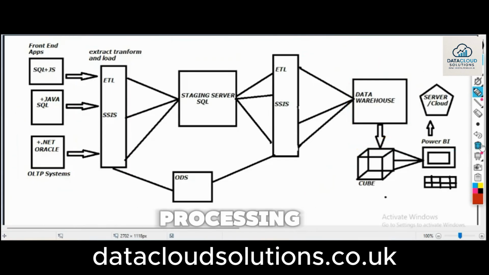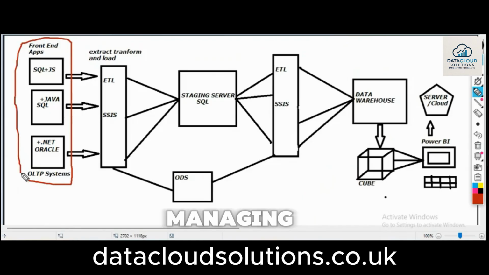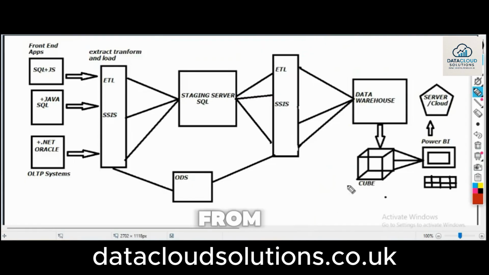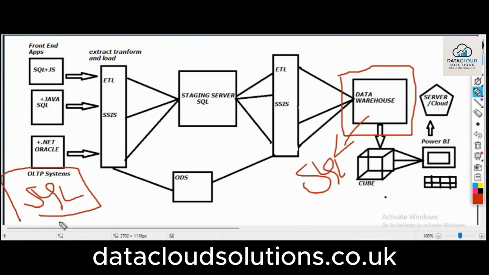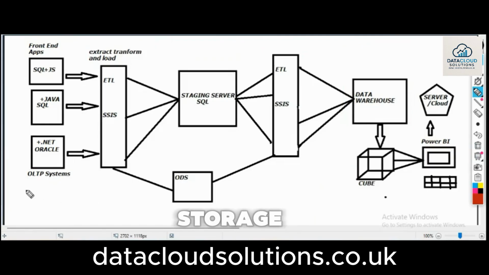Transactional processing is where the system is managing all the transactions that are happening from the outside world, from the customers. Here, the system is not processing anything. It's just storing the data. It is also a big SQL server similar to these SQL servers, but the storage of these SQL servers is 300 GB to only 500 GB.